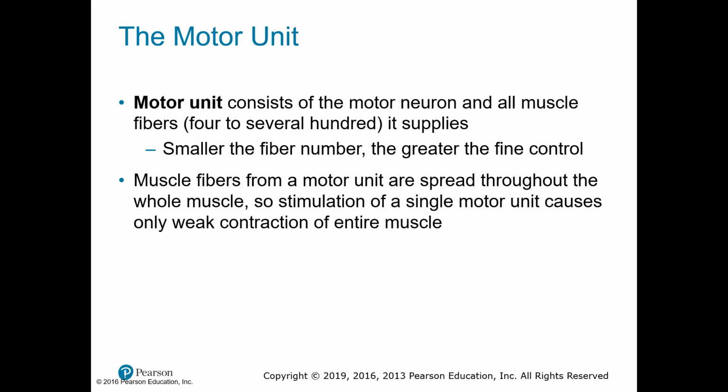One of the advantages of doing it that way is we don't get 300 cells on the bottom of the muscle contracting together and an uneven distribution of the force. We don't want that. We want an equal distribution of the pull of the contraction of the muscle.